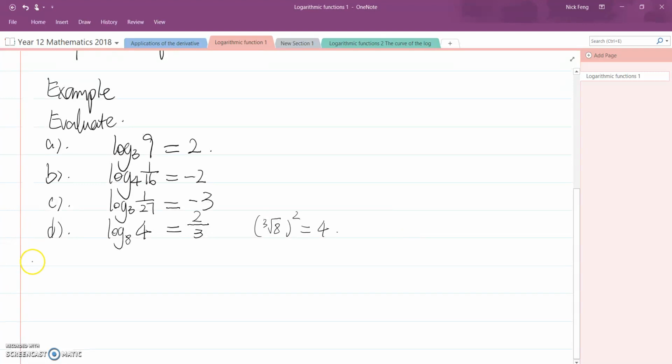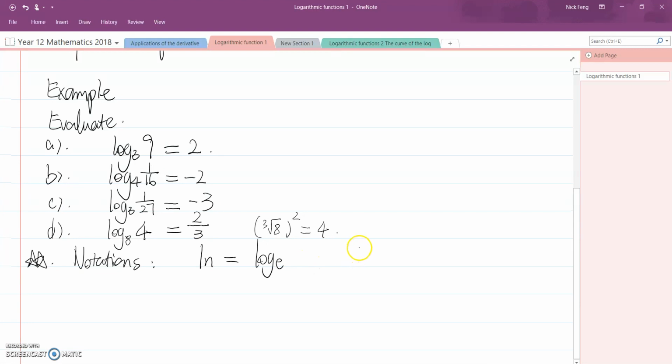Okay, so let's take a look at some important stuff. Remember, all we're focusing on is the base of e in this whole chapter, just like what we did in exponential. So some notation: ln is exactly the same as log base e, where e is the natural number.